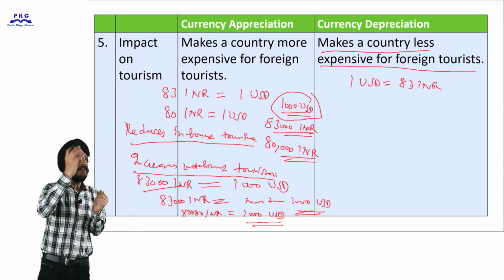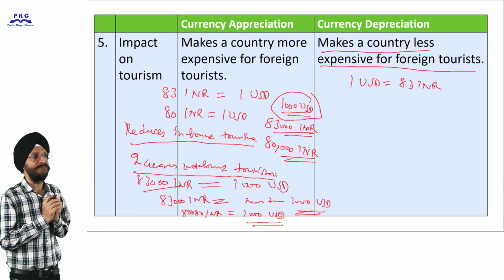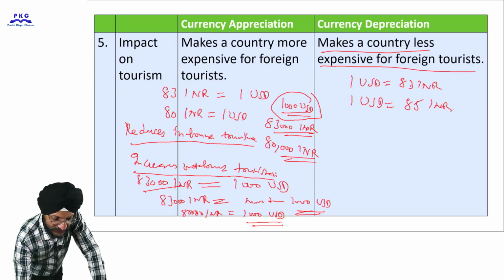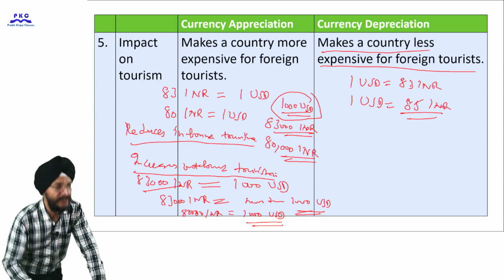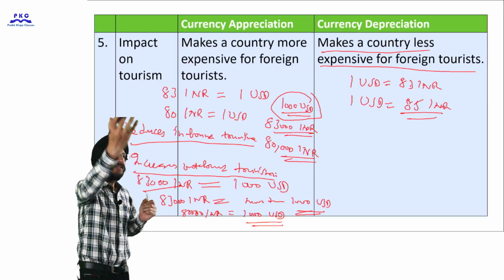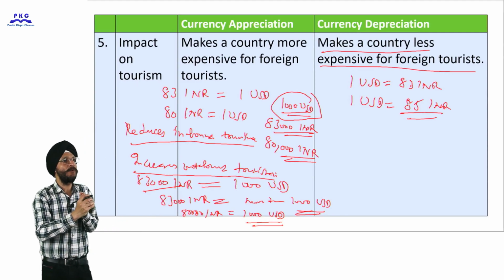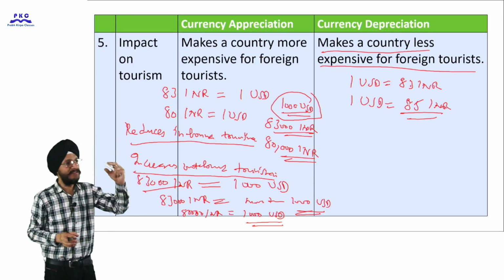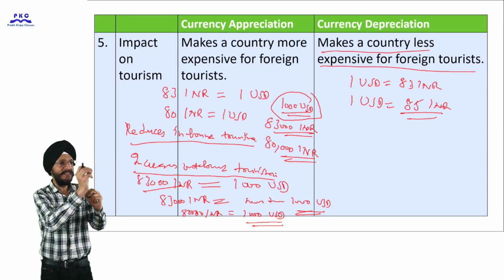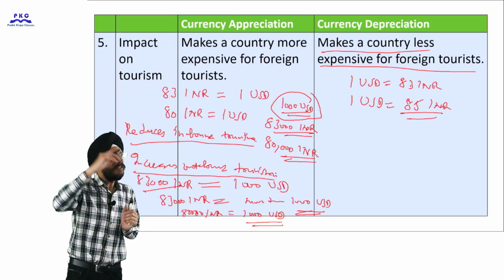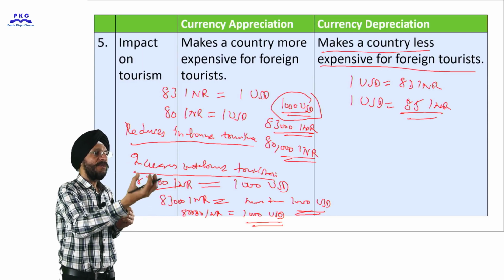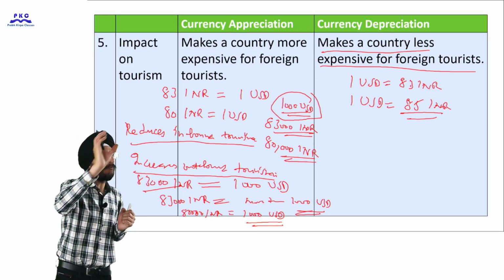Now suppose the value of Indian currency depreciates, and after depreciation a foreigner visiting India will get 85. Earlier he was getting only 83 rupees for 1 US dollar, but as the Indian rupee has depreciated, the same US citizen will now get more Indian rupees for the same amount of US dollars.